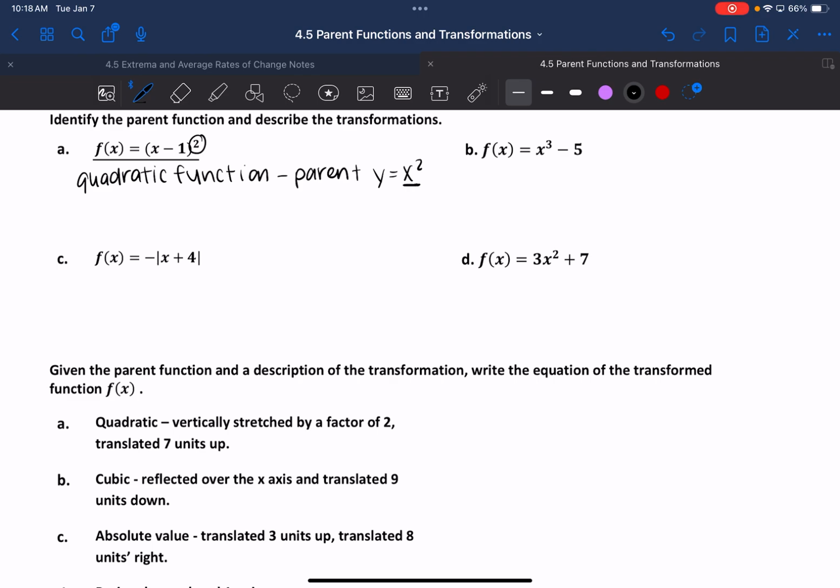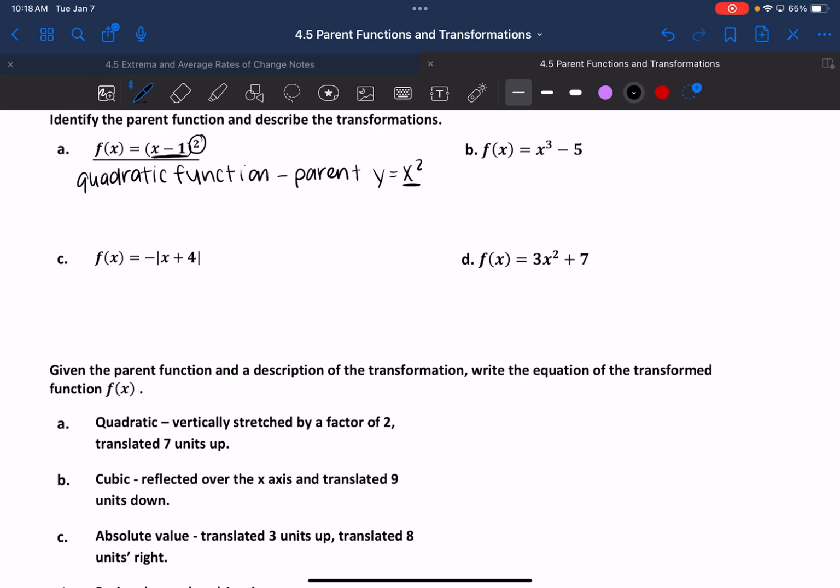Well, if this is the parent function, the only difference is this one has a parenthesis with minus a number inside of it. That chart we just looked at tells us what kind of change that would be. If it's inside the parentheses and it's plus or minus a number like that, how is it going to move your graph? To the left and to the right.